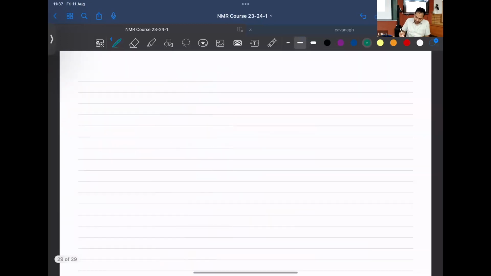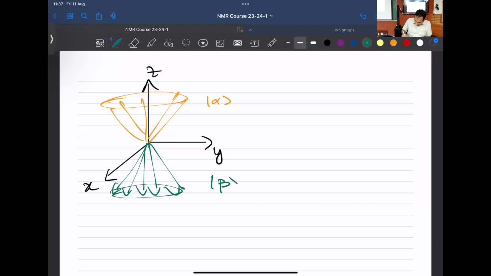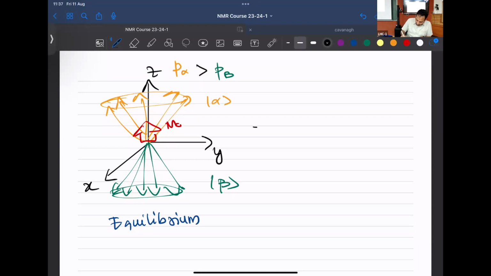So the answer lies in going back to the quantum mechanical picture, where you had a bunch of alpha and beta states. And we said P alpha is greater than P beta, which resulted in a net magnetization M0. This is equilibrium. When you apply this 90-degree pulse, it achieves two purposes.